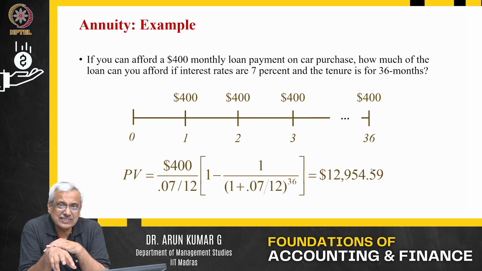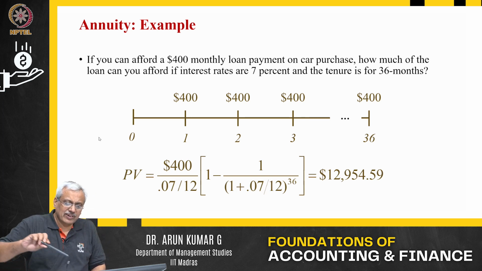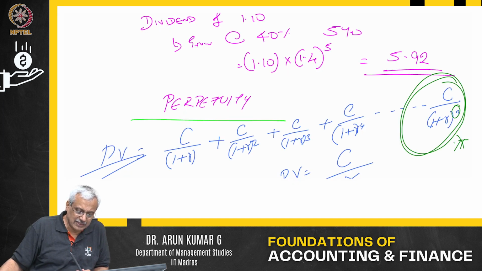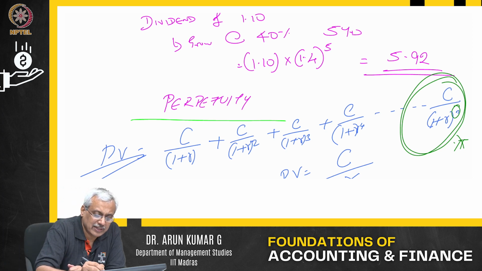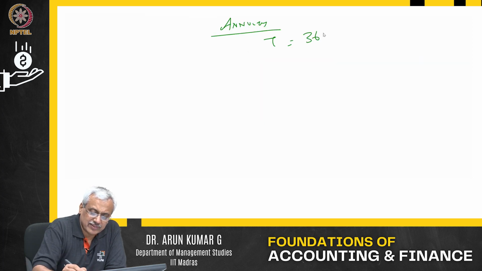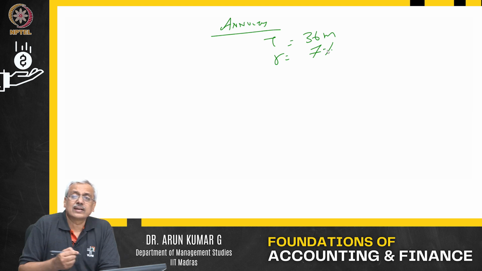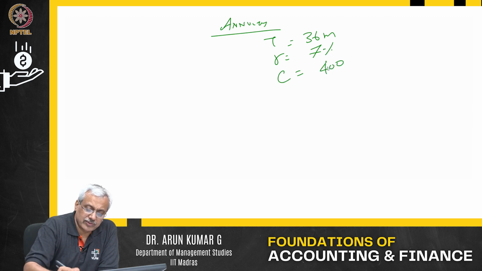The tenure is 36 months, so the T part of it is fixed. In this case, let us say annuity: my T is 36 months, my R is 7%, and my cash flow is $400.